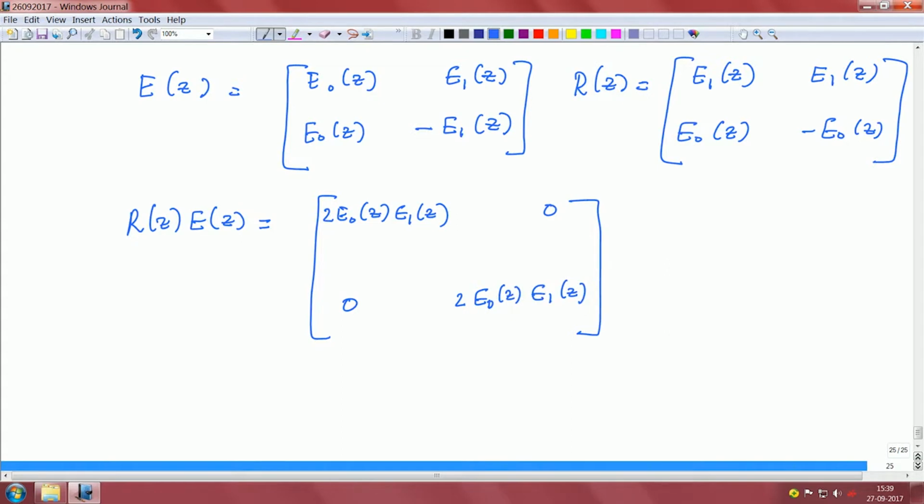This is just rewriting, starting with the polyphase decomposition on the analysis bank and the synthesis bank, and then writing what R of z times E of z has to be. So, this can be written in the form 2 times E naught of z, E1 of z times an identity matrix.